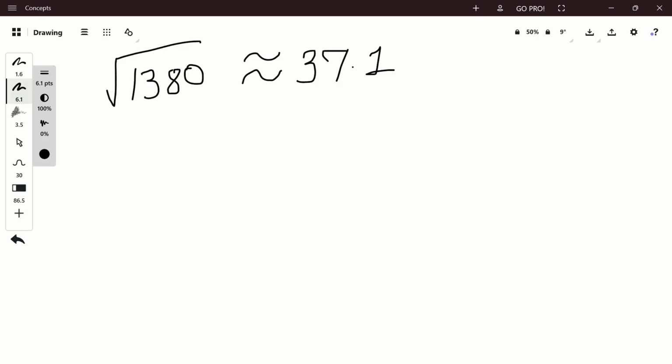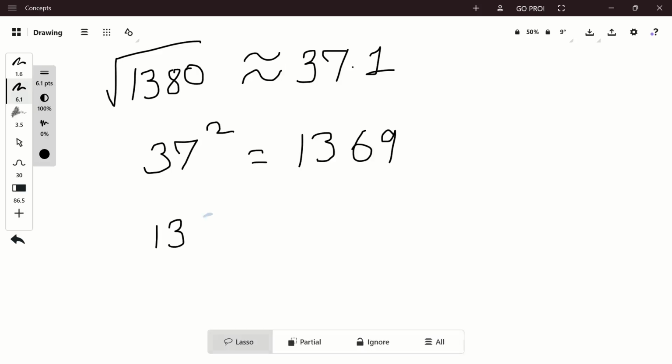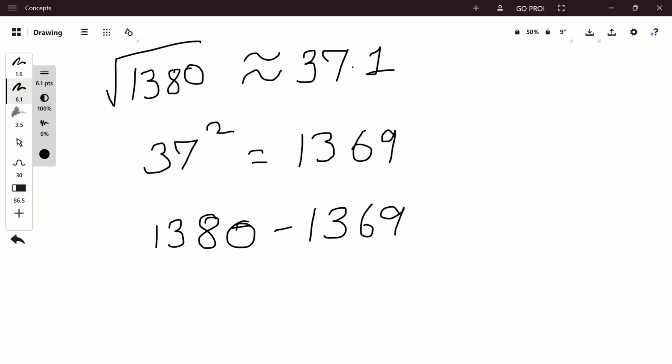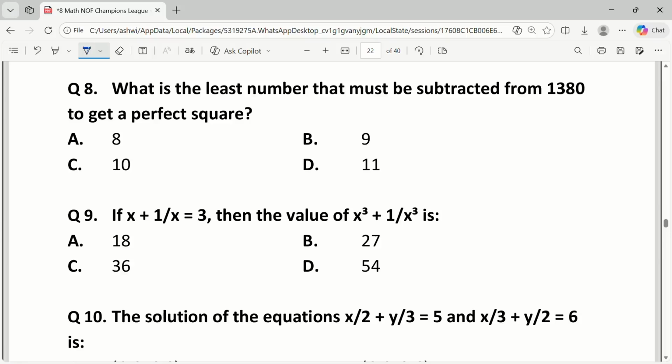So the largest integer is 37. So 37 squared is equal to 1369. Calculating the difference is 1380 minus 1369, which is equal to 11. Hence 11 must be subtracted to get a perfect square.